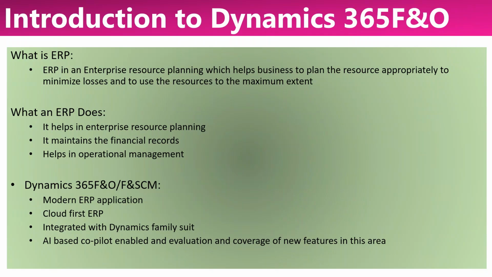Microsoft gives names like 365 as an extended name, and Dynamics is the product wing, I would say. The Dynamics Suite is a product wing in which F&O is one of the platforms they have.